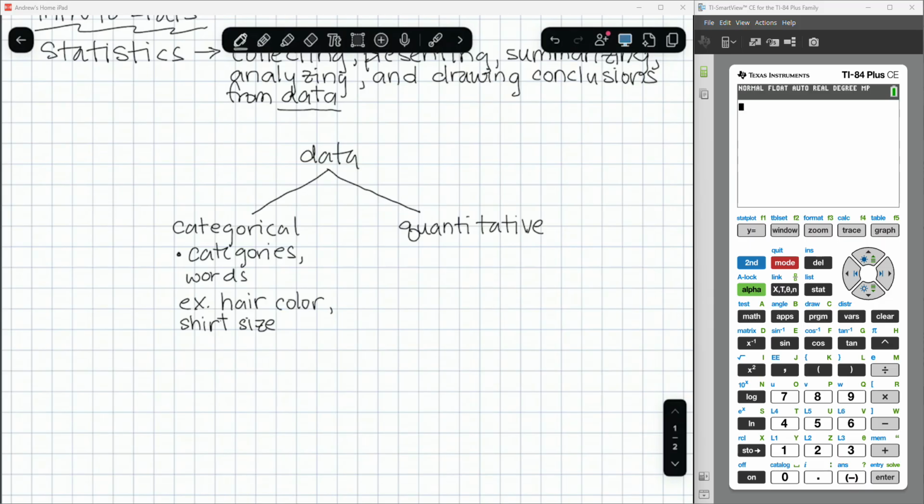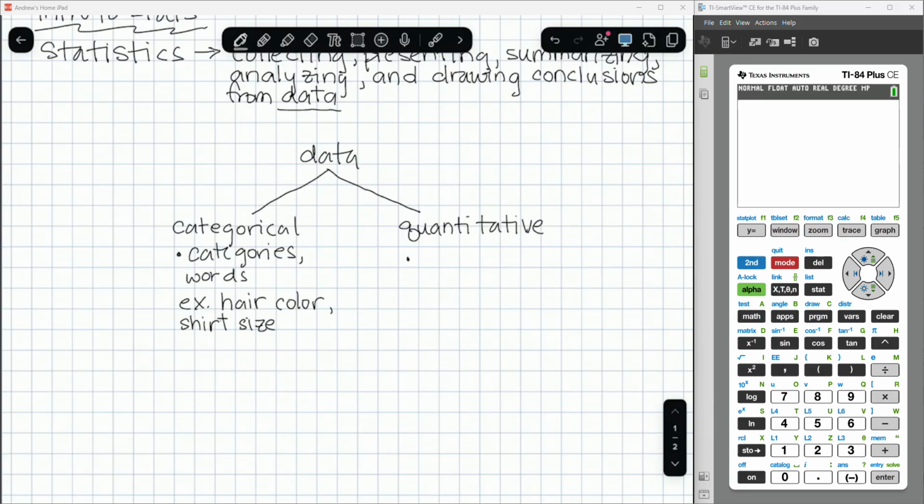It's a number, it's not a category or a word, but it's a number I can't do math with. If I were to add up all of the student ID numbers and divide by the number of students, it's not going to give me any meaningful value. So sometimes numbers fall in the categorical side of data when they're numbers that don't have any real world meaning.